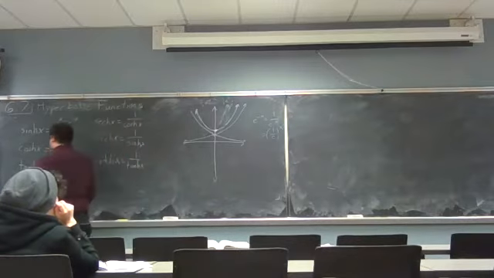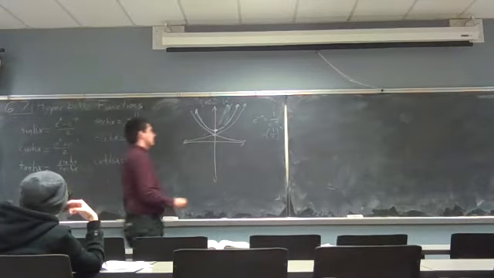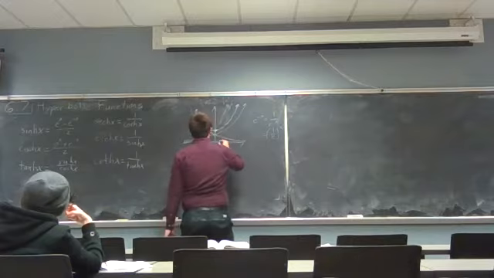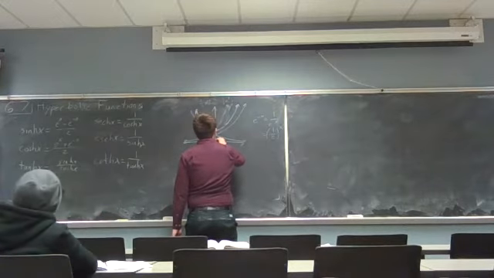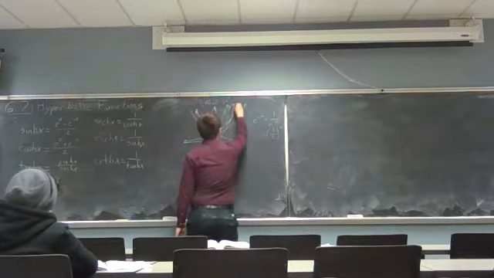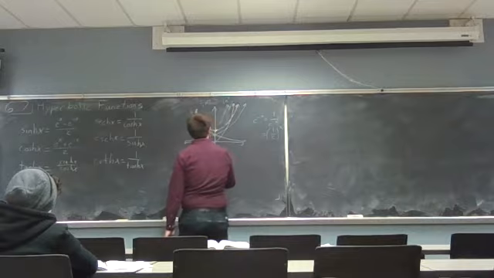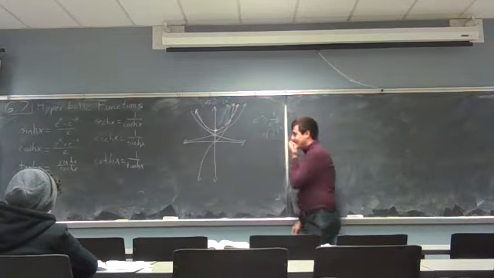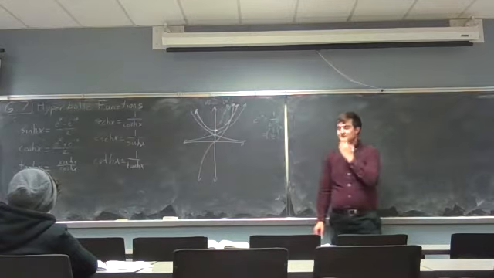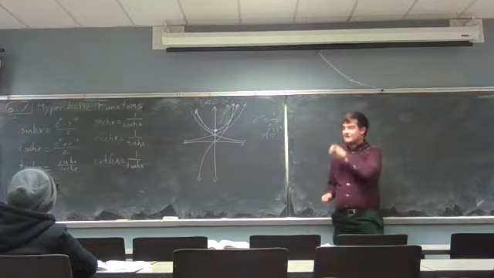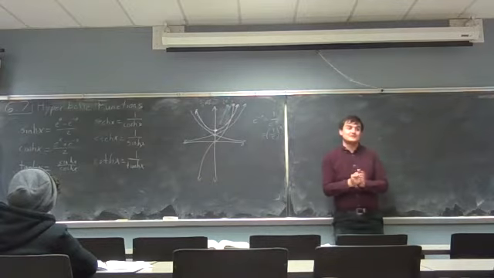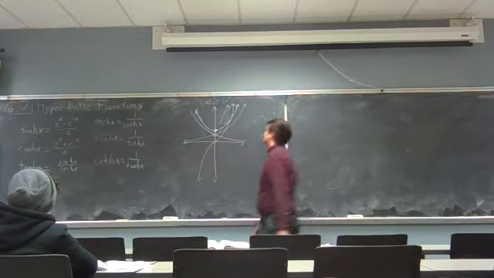Sinh, maybe I'll do that in orange. I'm subtracting these two curves instead. We were having this discussion about why tangent x cubed looks similar. Well, I would argue that sinh and x cubed look even more similar in terms of curvature.